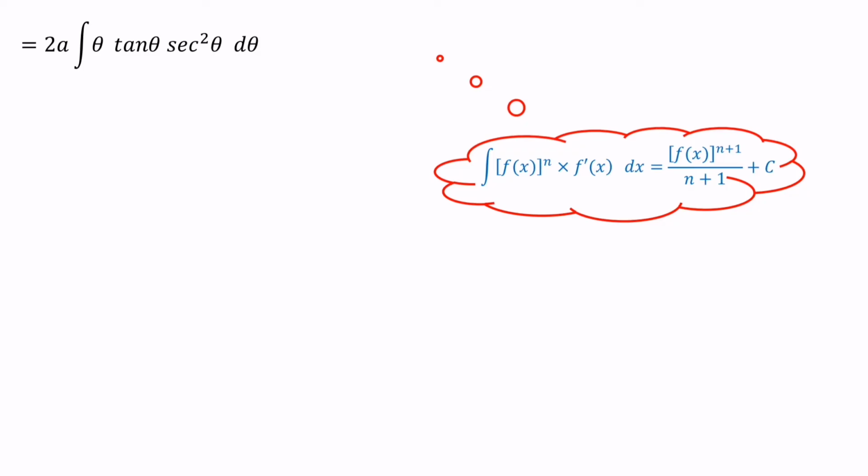So in this integral we can write tan theta to the power of 1 into sec squared theta. In here f(x) is tan theta, n is 1, f dash x is sec squared theta, because differentiation of tan theta equals sec squared theta.